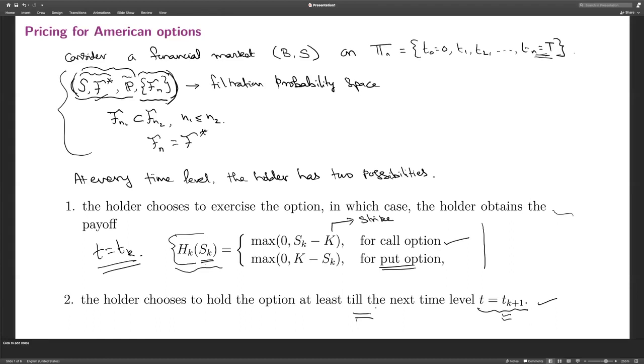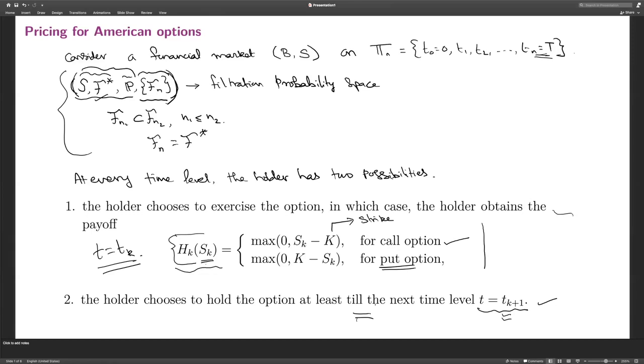Let us see. Just observe, if the holder doesn't exercise the option, then from Tk to Tk plus 1, the situation is similar to the one-step backward technique discussed in the European option pricing model in the last section, where we have used the replicative and self-financing strategies and arrived at a fair price for the European option.